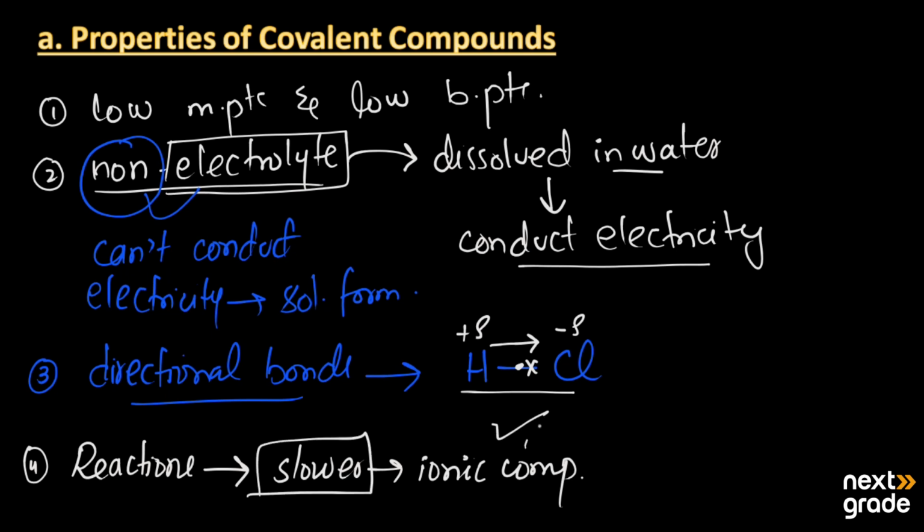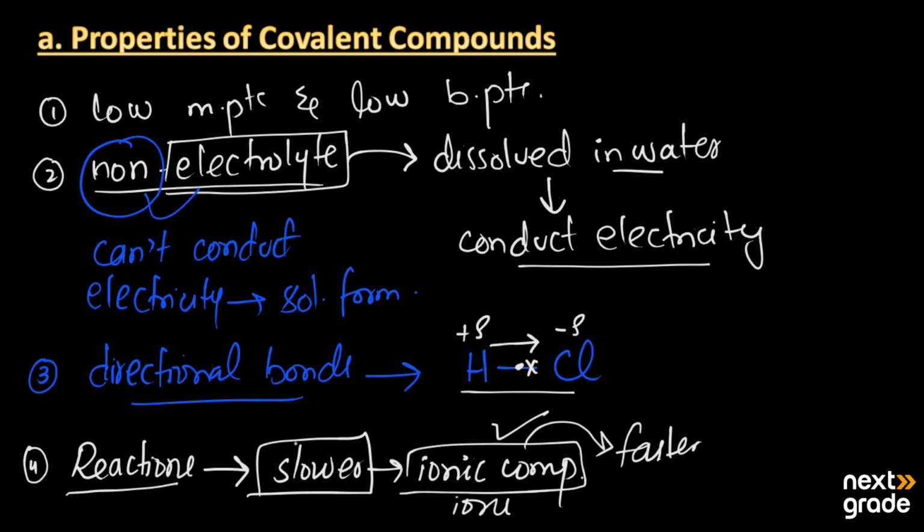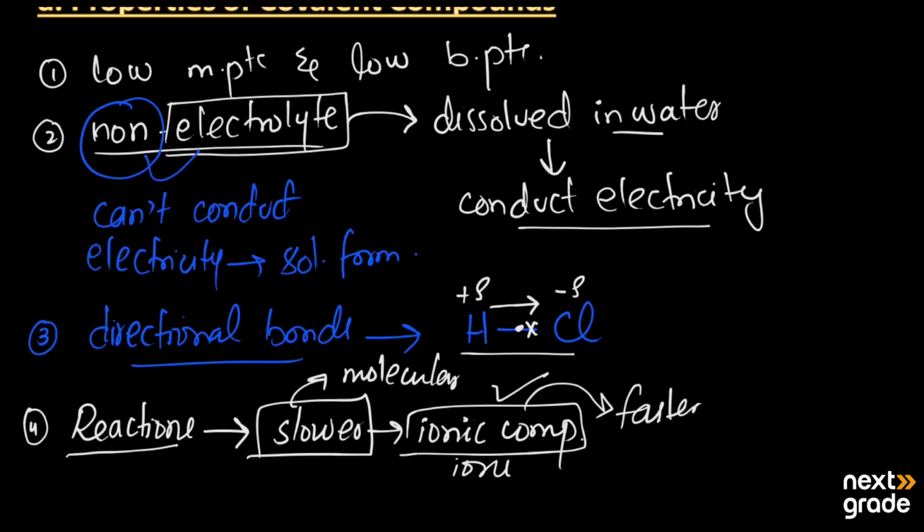On the other hand, the reactions of ionic compounds are faster because they are already in the form of ions. But in covalent compounds, the reactions are slower because they are in molecular form. So this is the fourth property of the covalent compounds.